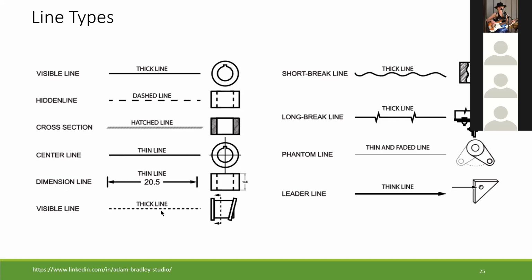Visible lines, so you can see over here that you cut away at it if you end up doing a cross section. Short break lines. So you see through the curves over here, if you're trying to break away part of that drawing, it's doing something similar to the bottom left drawing as well.